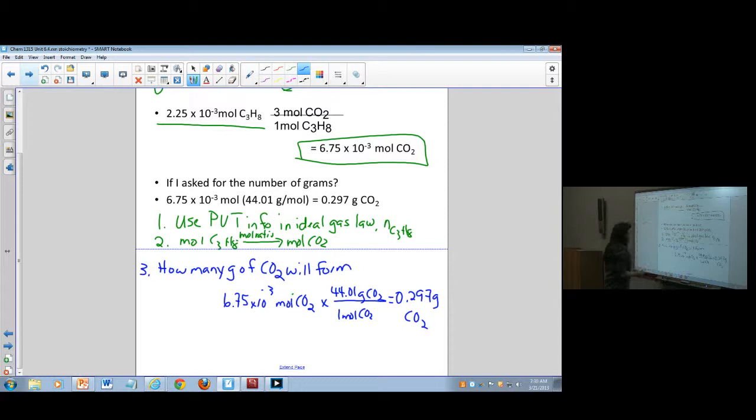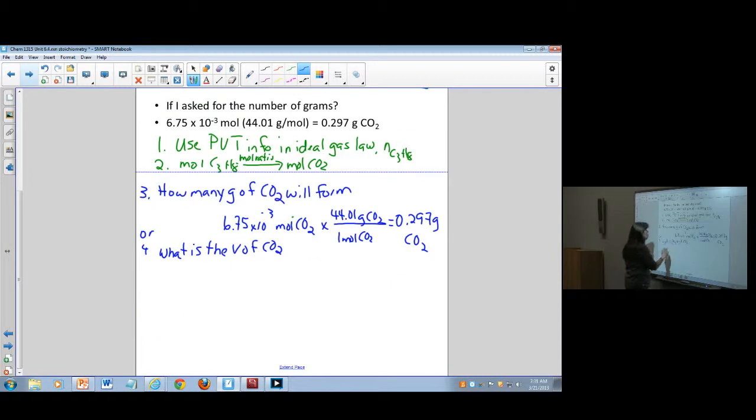Now, I could also ask something like, what is the volume of CO2? In this case, I wouldn't be going over to the grams. Instead, I would be using this scheme. Let's go up here a little bit, where we calculate PV over RT to give us n.